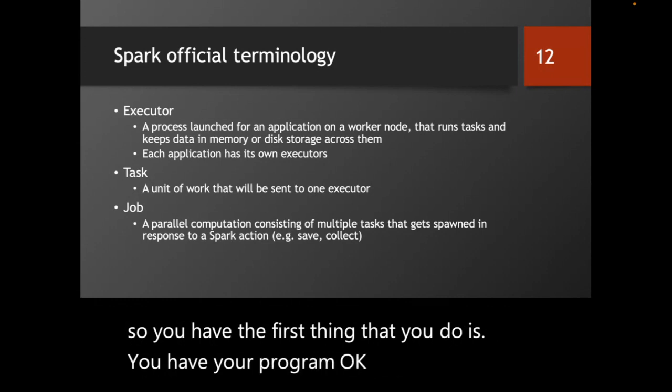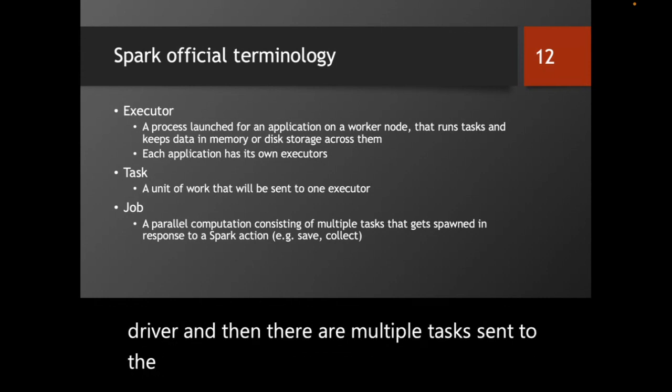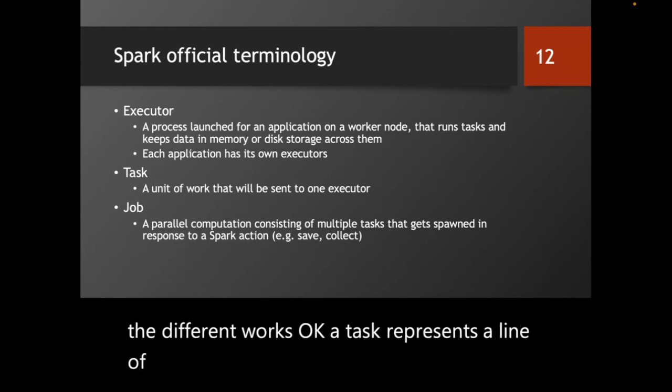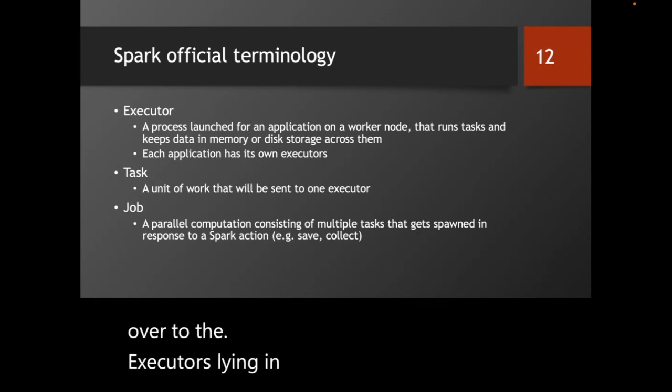So the first thing you have is your program, lying in the driver, and then multiple tasks are sent to the different workers. A task represents a line of code of your program, and it goes over the executors lying in your workers.